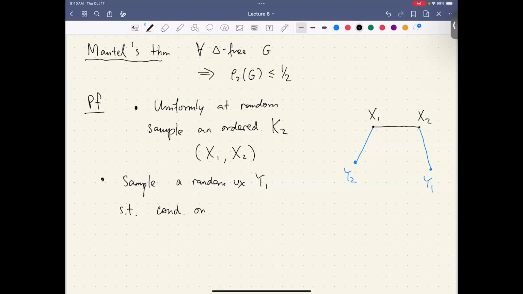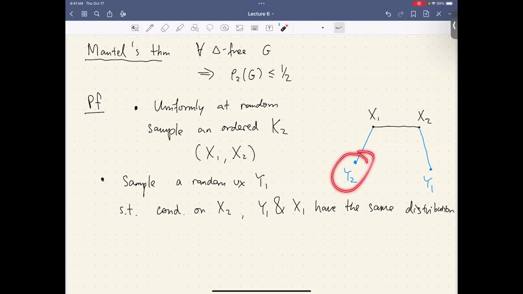Conditional on X2, Y1 and X1 have the same distribution. And we do the same for the other one.